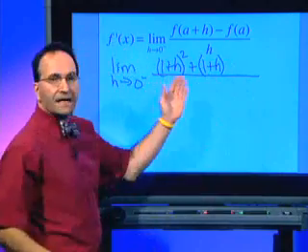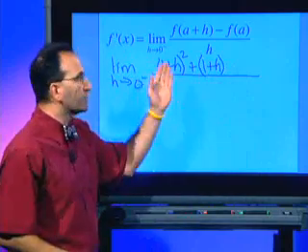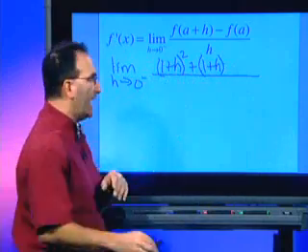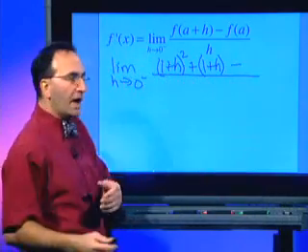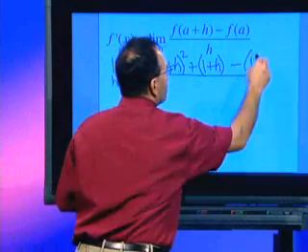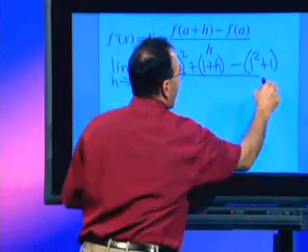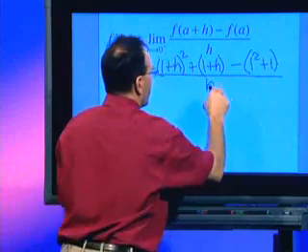So that's my x squared plus x. Then we have to subtract from that f of 1, which again is 1 squared plus 1. And that's all over h.